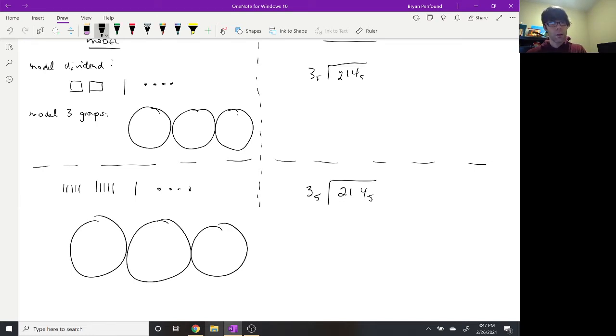So we're going to start counting up. 1, 2, 3, 4, 5, 6, 7, 8, 9, 10, 11. We're going to have 2 leftover 5 blocks. I'm going to start crossing them off. So we're going to have 2 left over.